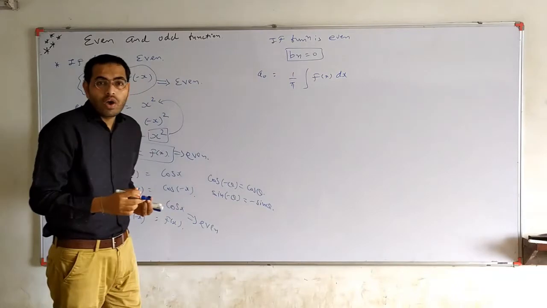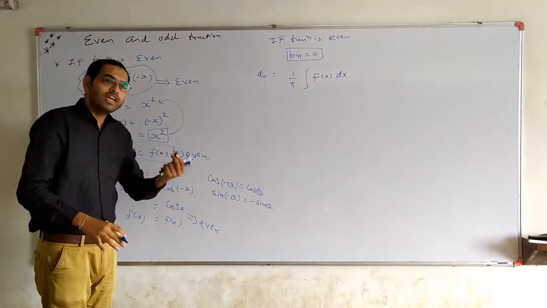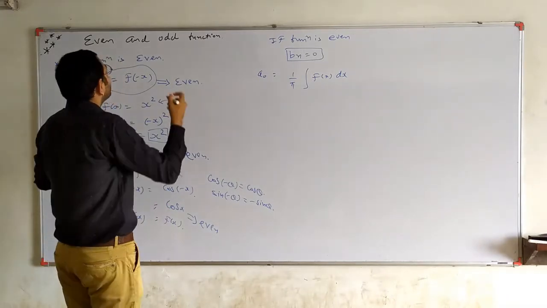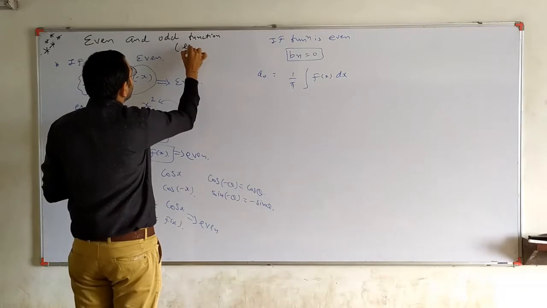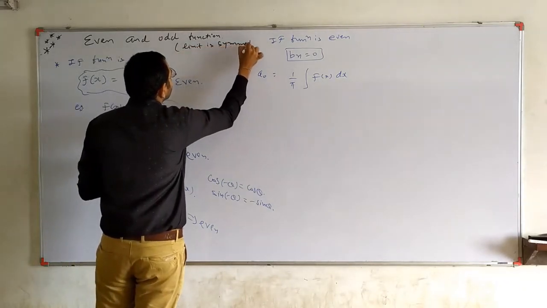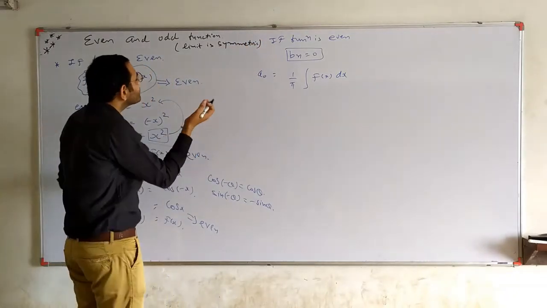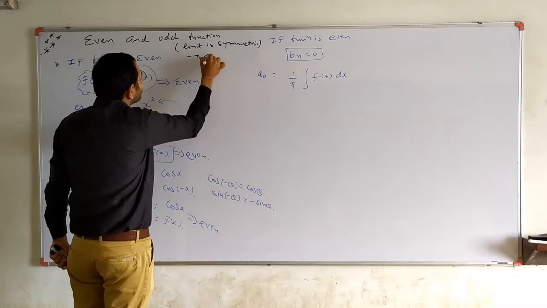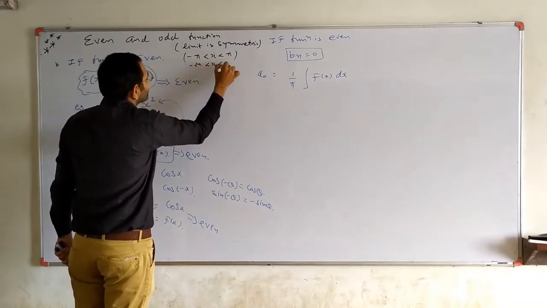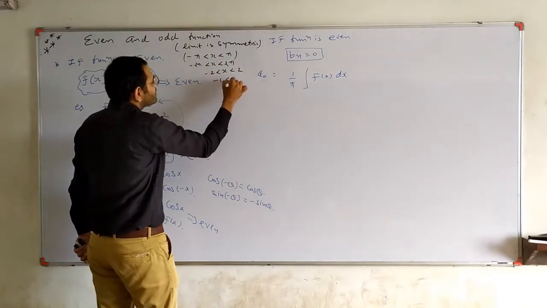First, in which type of example can we use even and odd functions? If our function has a symmetric limit, how can we identify whether the limit is symmetric or not? It means minus pi less than x less than pi, minus 2 pi less than x less than 2 pi, minus 2 less than x less than 2, minus 1 less than x less than 1.